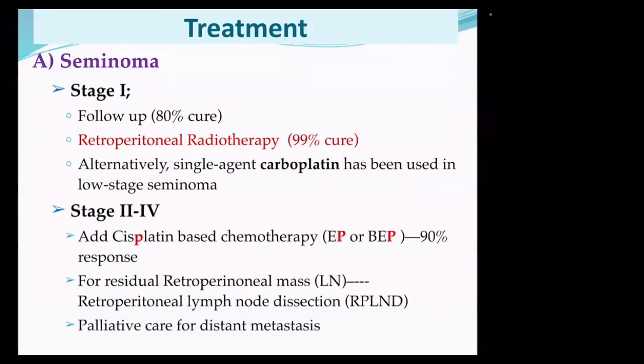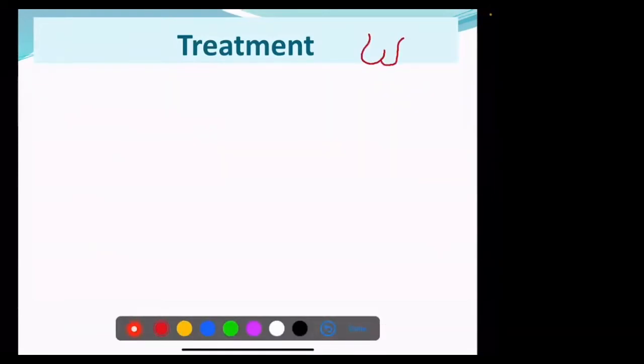What about non-seminoma? Suppose a patient, a 30 to 40 year old male, came to you with a testicular tumor. You did an ultrasonogram, found there is a testicular tumor, and you did other investigations. And to confirm, you did inguinal orchiectomy.